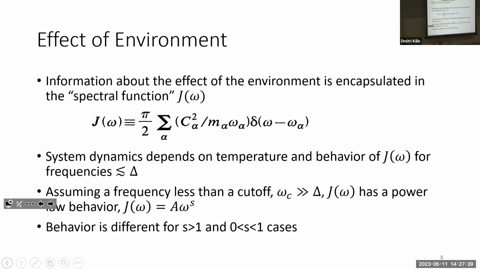And it depends on the frequency and how the frequency relates to the tunneling factor. So if we get a cutoff frequency that's significantly less than the tunneling factor, it has a power law behavior, which we can see in this equation.